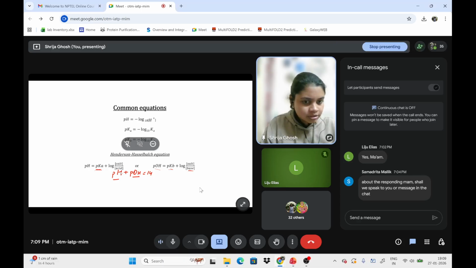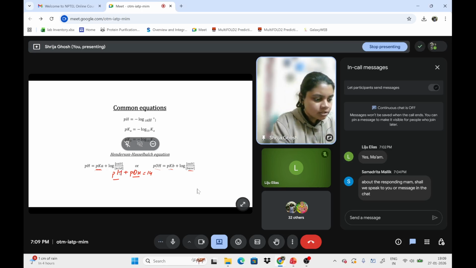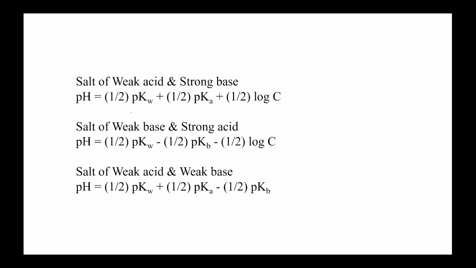So I hope these formulas are pretty clear to everybody. There are three more equations. These equations are to define the pH of a particular solution. So if you have a salt made of weak acid and strong base, you can define the pH of that salt as 1 by 2, or 0.5, multiplied by the pKw value.